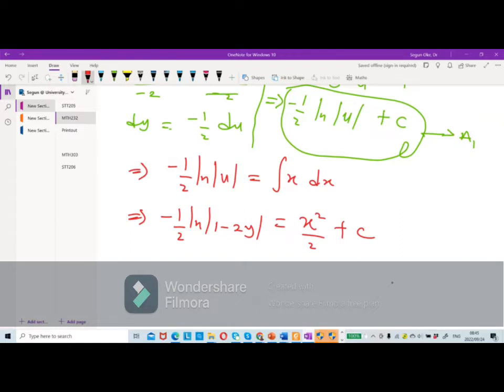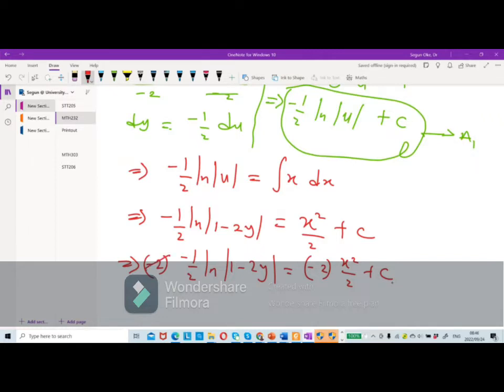Now, what do we need to do at this point? Multiply through by negative 2. So when you multiply through by negative 2, you have negative 2 multiplied by negative 1 all over 2 ln 1 minus 2y equals negative 2 times x squared over 2 plus c.